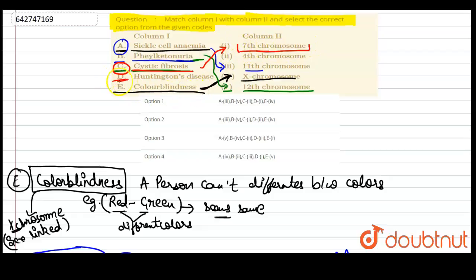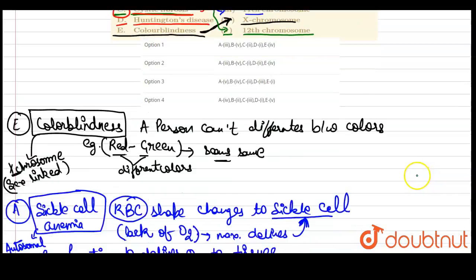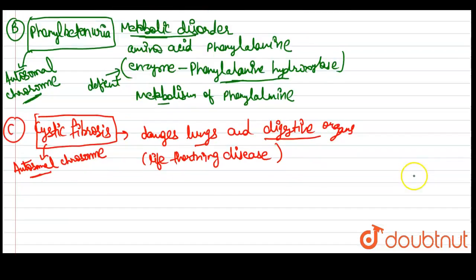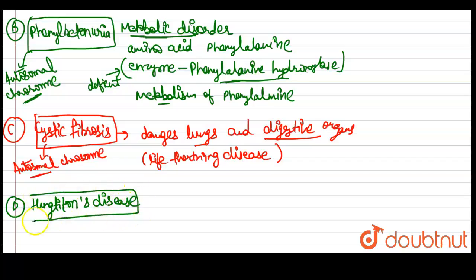Now the D option is Huntington's disease. In this disease, the nerve cells in the brain break down.